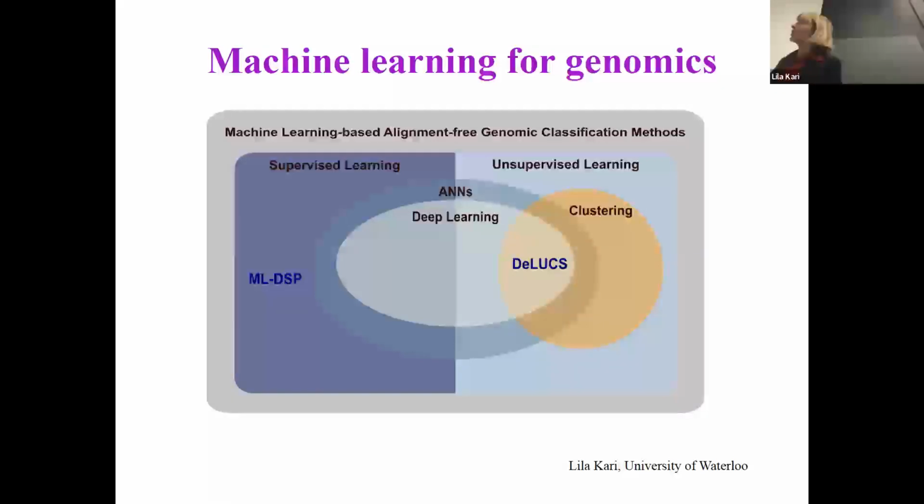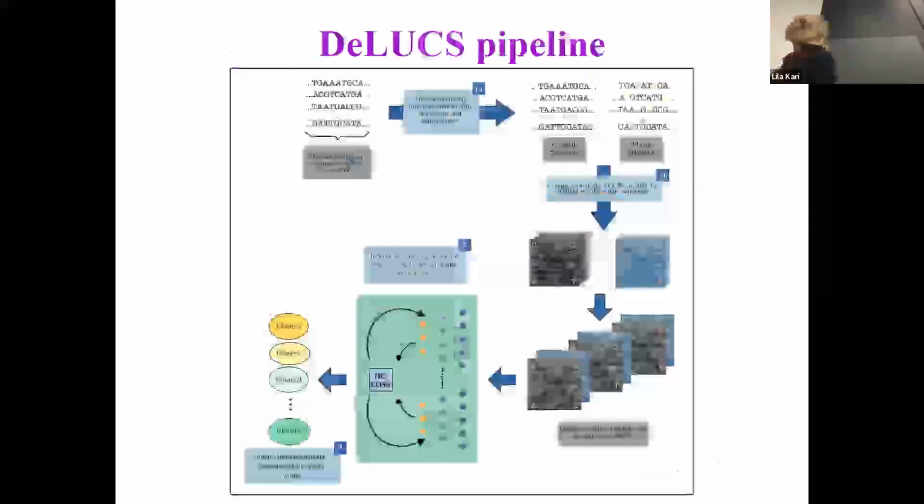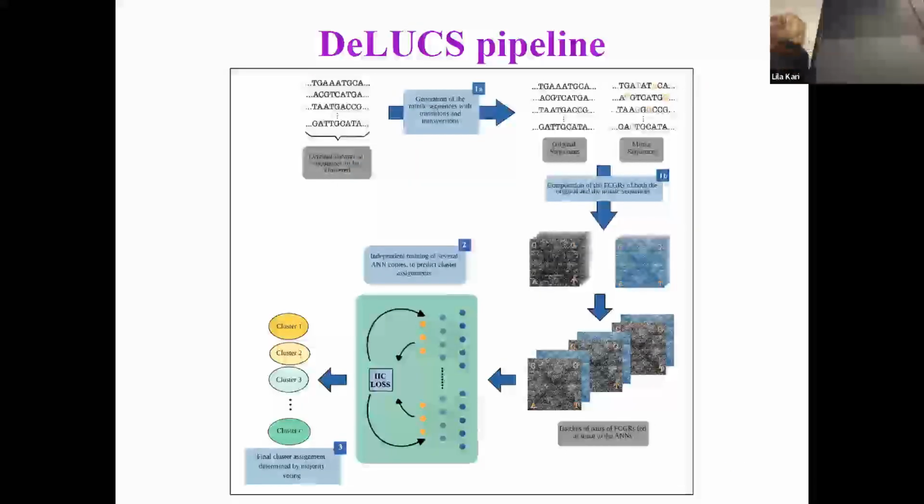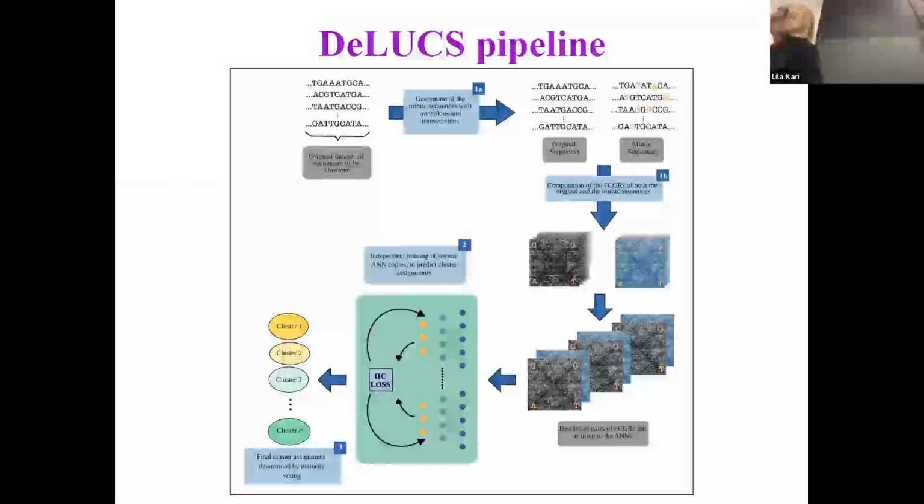Okay. So conceptually, where does this stand? The previous method, machine learning with digital signal processing, was supervised learning. So the machine learning based alignment-free genomic classification method sits here in supervised learning, and then DELUXE is unsupervised deep learning, or unsupervised clustering. So that is the outline of the method. We have the sequences.